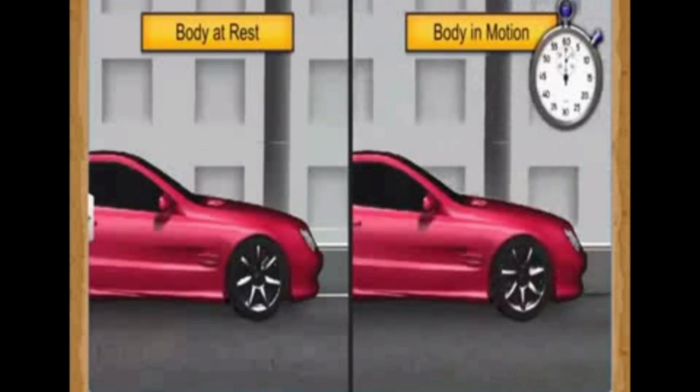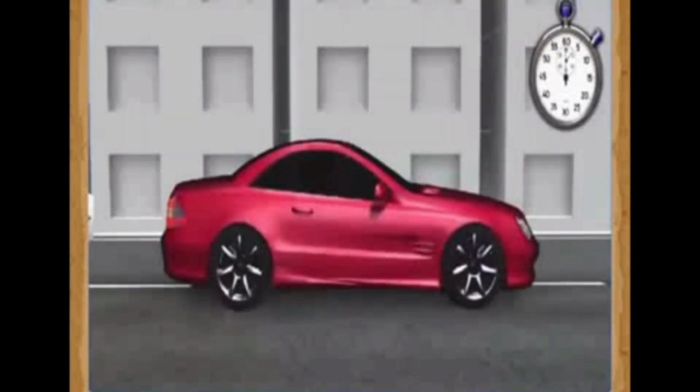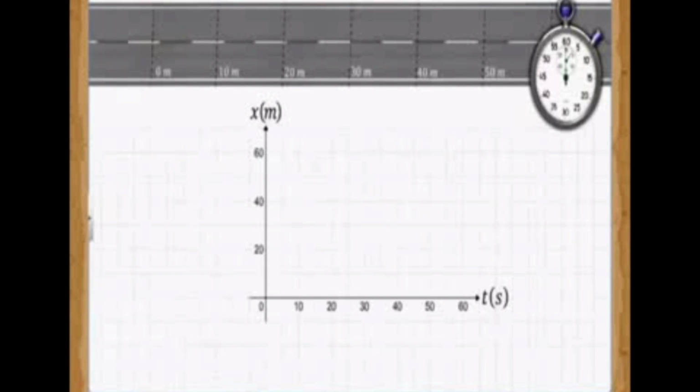So body at rest and motion depends on the time period. Depending on the time only, we are going to derive all the values. Now consider a car, initially in the rest position. It moves with the velocity v, so it will travel a distance depending on the time period. When the time period increases, it moves at a constant velocity, so you will get a straight line.